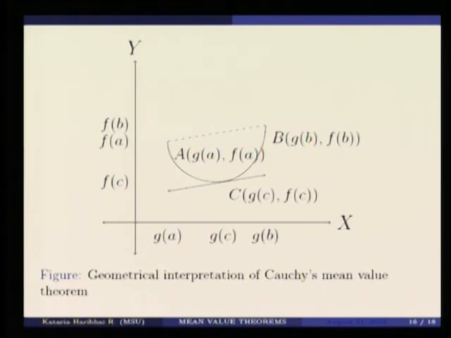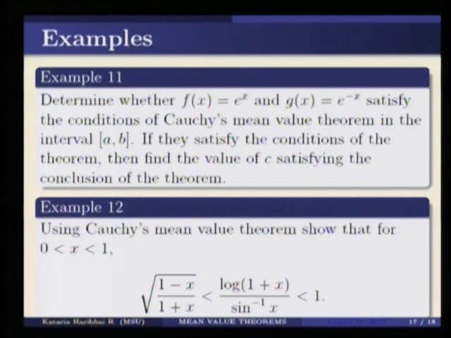Now, we will see one or two examples of the Cauchy's mean value theorem. If we are given a function f(x) equals e raised to x and g(x) equals e raised to minus x.